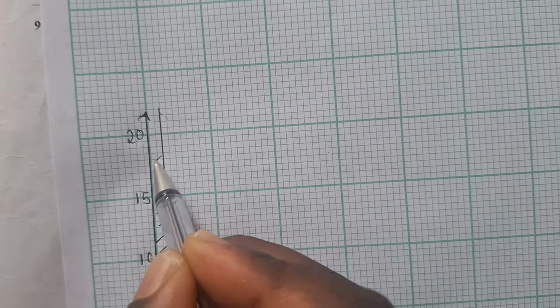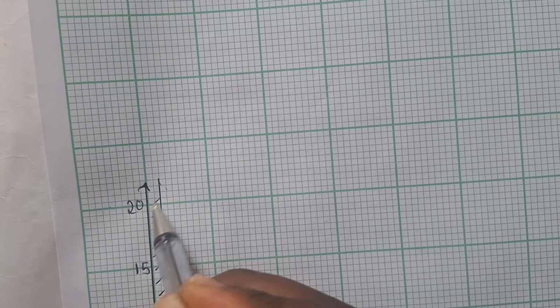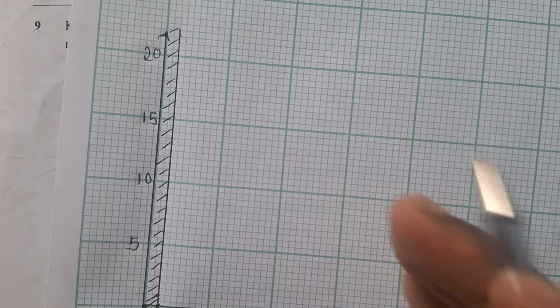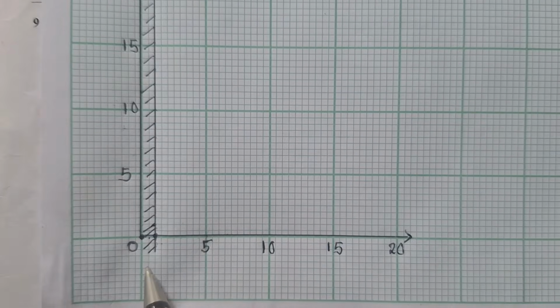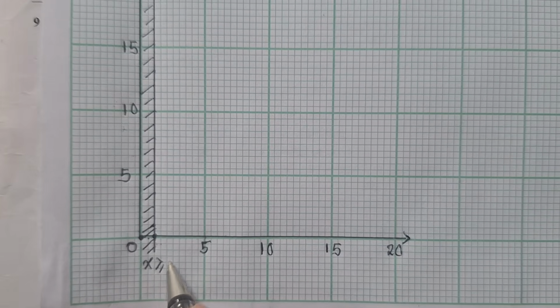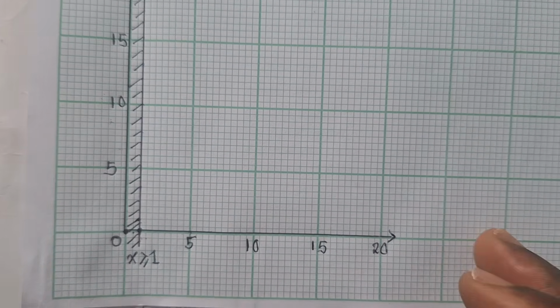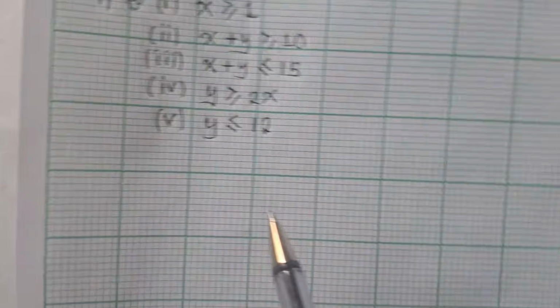Hopefully you understand what is happening here. I'll shade this side. Yes, just like that. And you even indicate that this is x is greater or equal to 1. Very important.